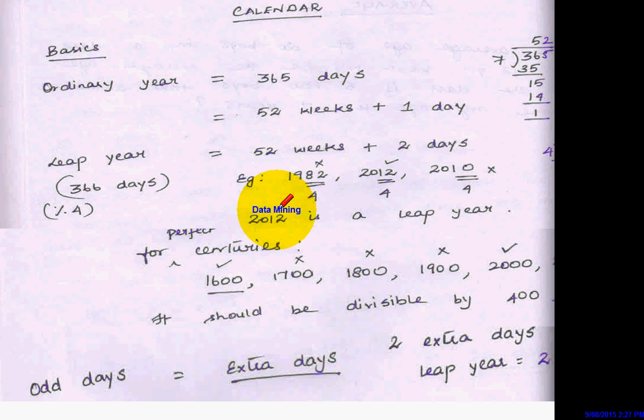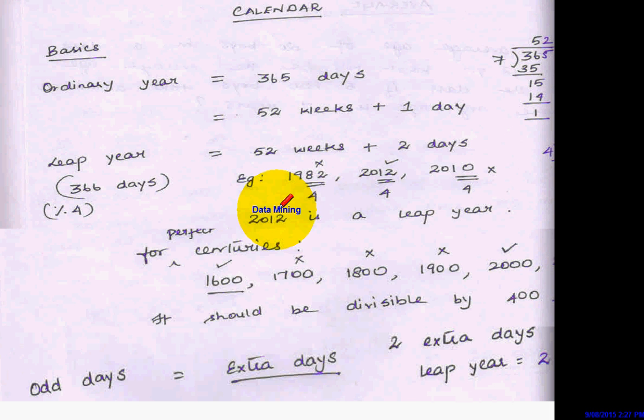Another basic part is the ordinary year, or the normal year. A normal year has 365 days, we all know it. How do we calculate the number of odd days in 365 days? The same rule: divide the number of days by 7. So divide 365 by 7.